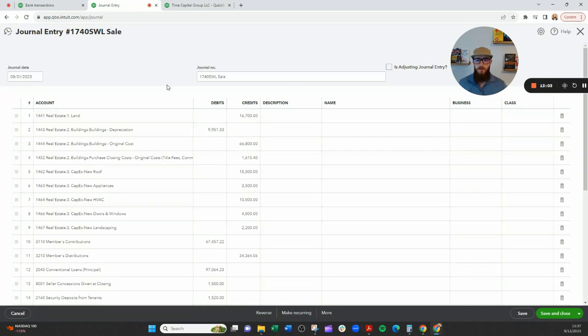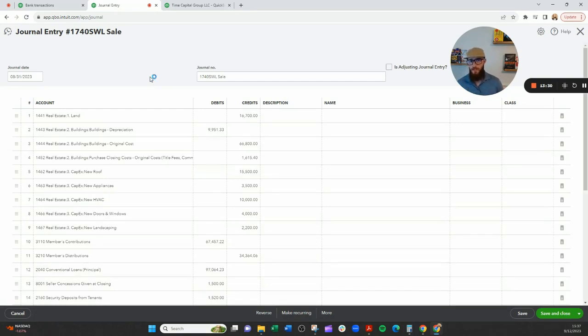All right, so now we want to start to zero out our balance sheet, and this is really only if your balance sheet is 100% accurate, right? So you need to consult with the tax professional, your client's tax professional, to see what needs to be counted as depreciation up until the sale.